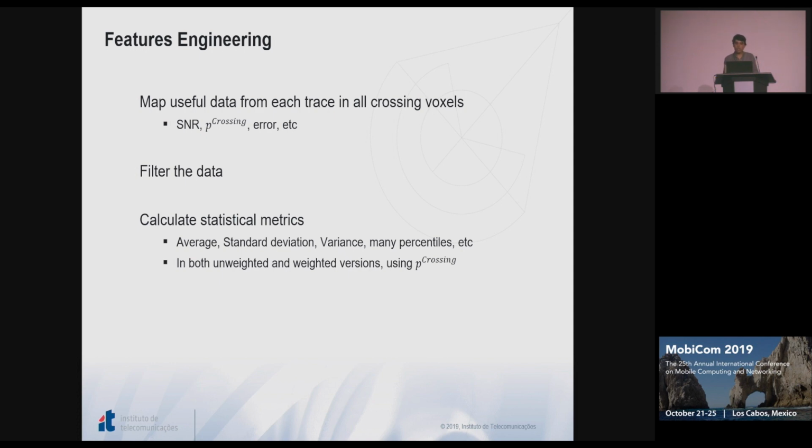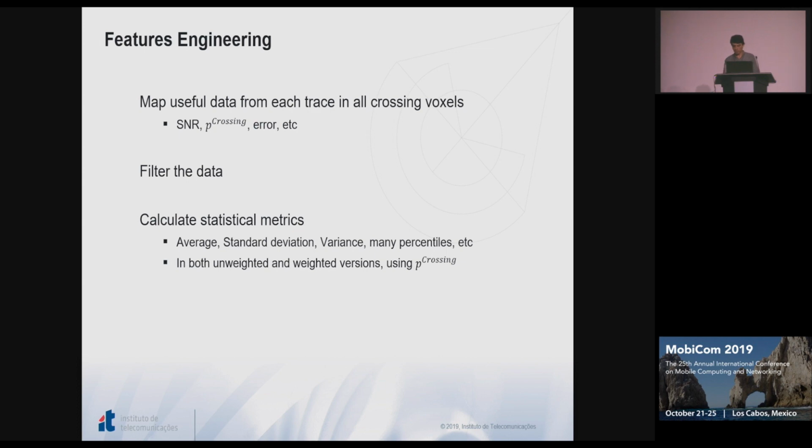We computed these in both versions: one with normal functions of average and percentiles, and another using weighted versions of the statistical functions. For the weights, we use the probability itself. With this step, we accommodate the accuracy of the errors of the locations.